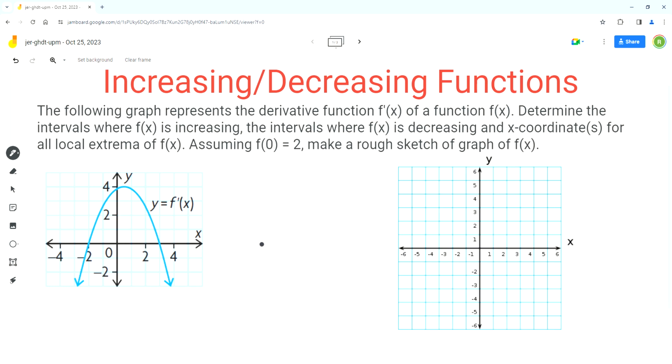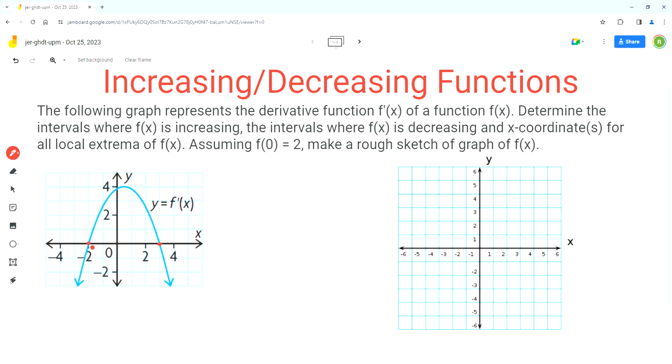So we have to analyze this given graph of f prime of x to sketch the graph of f of x. Now we can see that this graph is a parabola that opens downwards, and this parabola has two x-intercepts. The first x-intercept is at x equals -2, and the second x-intercept is at 3.